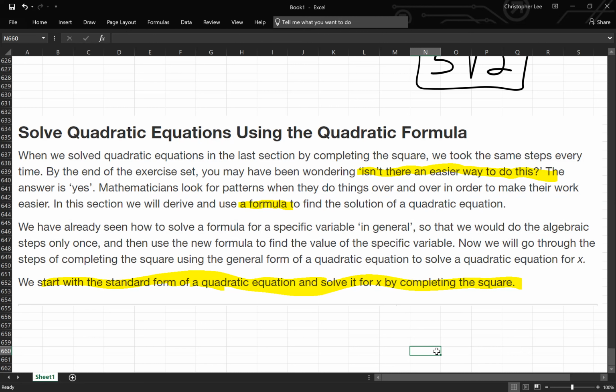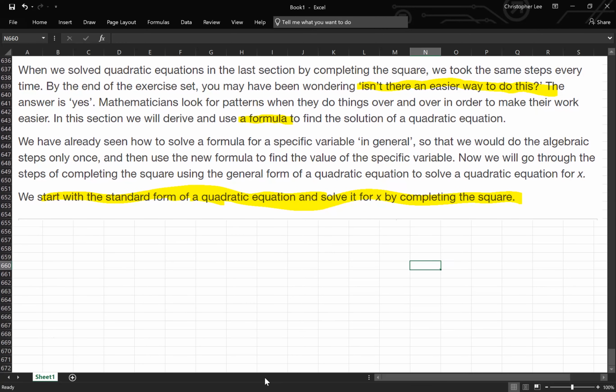Now we will go through the steps of completing the square using the general form of a quadratic equation to solve for x. We start with the standard form of a quadratic equation and solve it for x by completing the square. Fun, right?